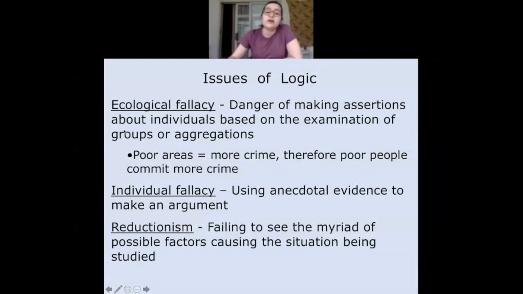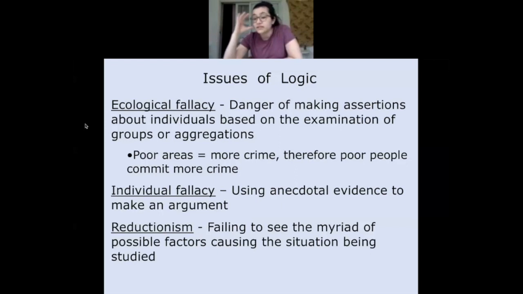And so there are issues with logic that you want to be aware of when you're reading empirical papers, because it's easy to read something and say, oh, if this study found this, I can generalize about this thing. But that's why we need to be aware of our units of analysis, because that allows us to understand what we can actually make claims about.